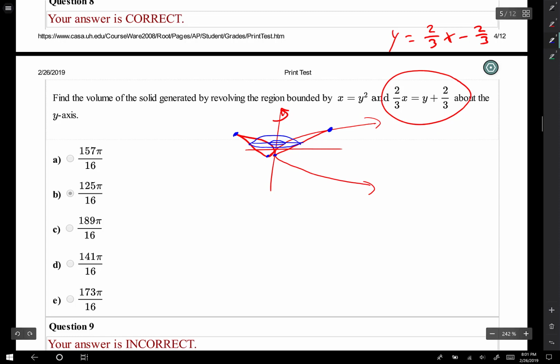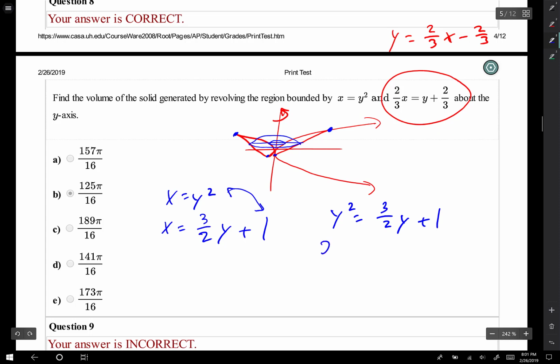Let's see, these are y values that we want. So I'm going to multiply this by the reciprocal here. So let's see, we have x equals y squared, and we have x equals 3 over 2y plus 1. So I'm going to set these two equal to each other, guys. So y squared equals 3 over 2y plus 1. I don't want fractions.